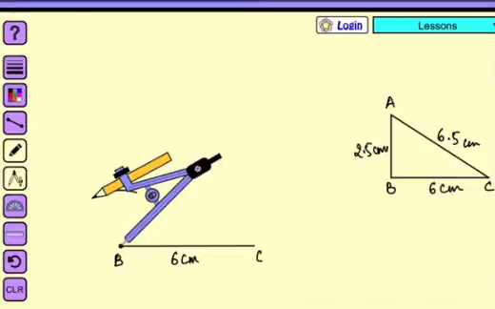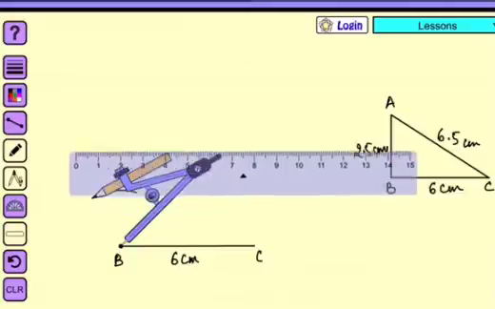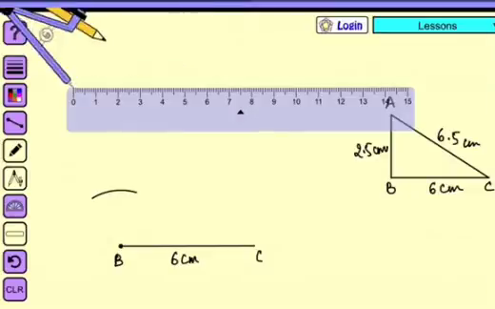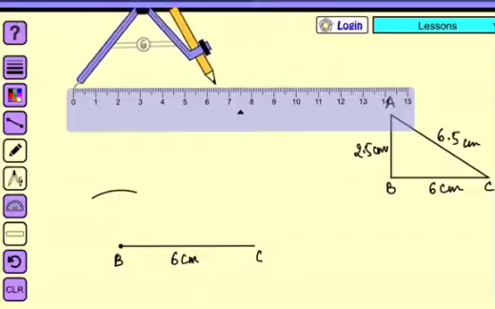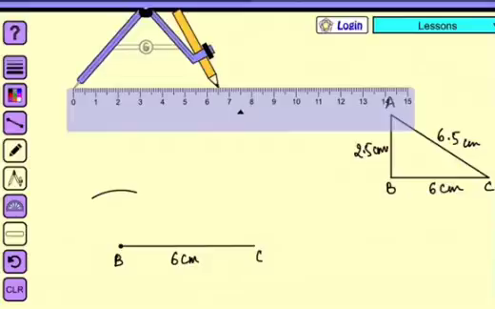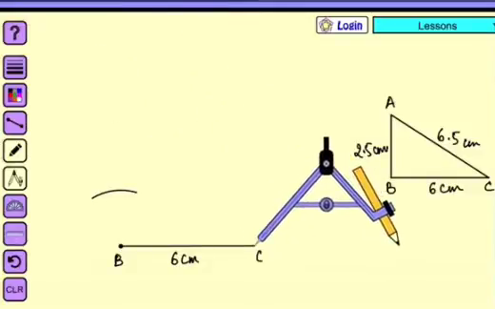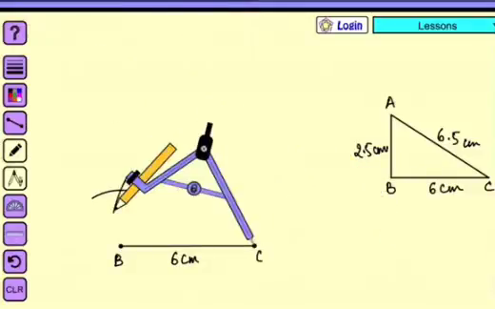Now with C as center, draw an arc of radius, which is the other side, 6.5 centimeters. So we'll take the measurement again. We need to measure 6.5 centimeters. We'll keep C as center and draw an arc.